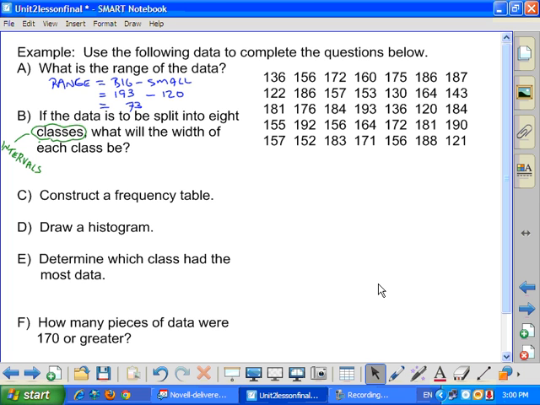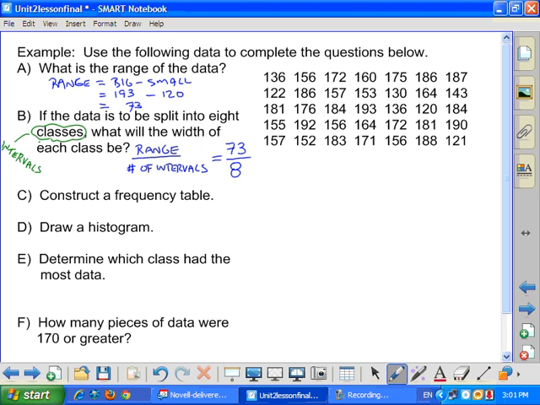This is how you do it. You take range divided by number of intervals. I know my range is 73, and I'm going to divide it by 8.